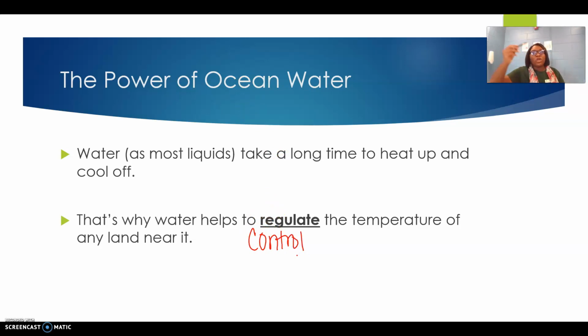Yes, if land is near water, the water helps to regulate or control the temperature of that land. It helps that land not to become too hot or too cold. But the question we're going to work to answer today to help meet the goals of our I can statement is how?